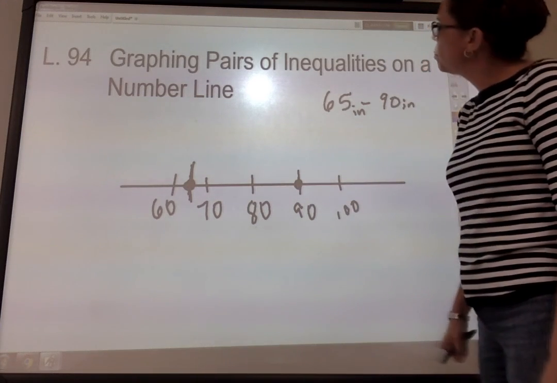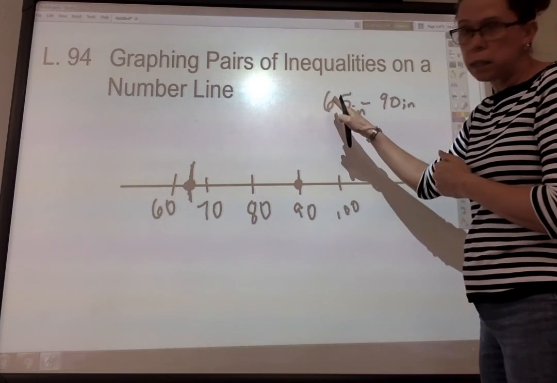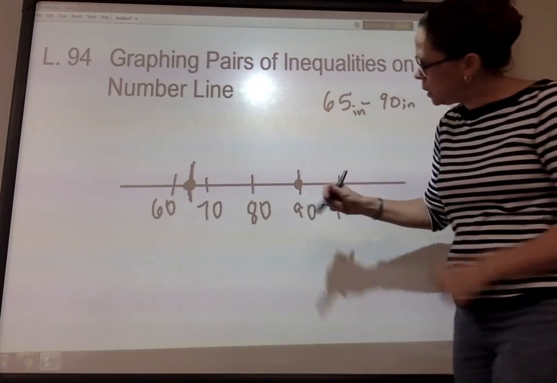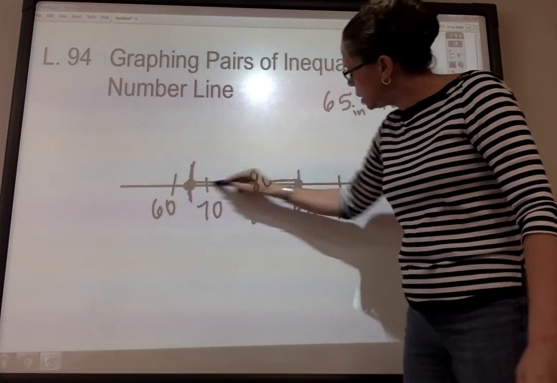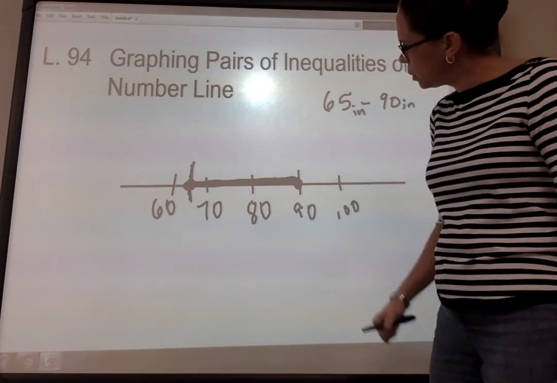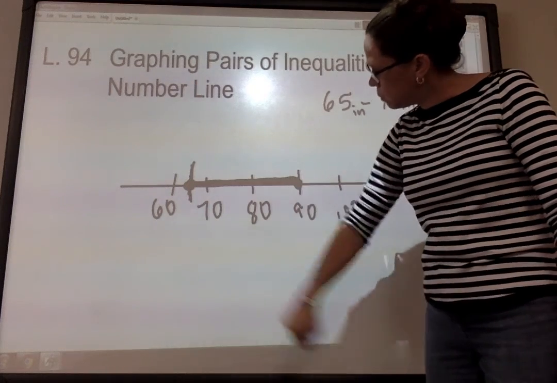If we wanted to graph heights that are 65 or above and 90 or less, we would color in this section here. These represent all the numbers 65 and bigger and 90 and smaller.